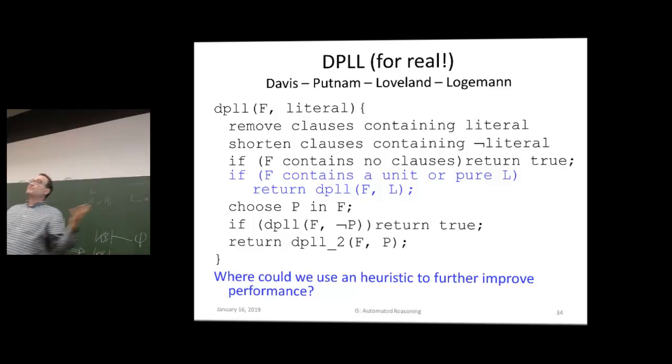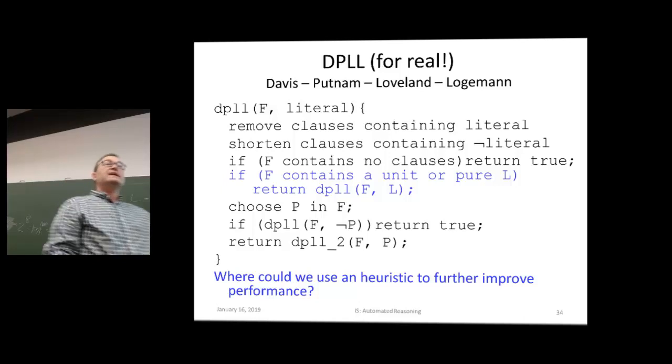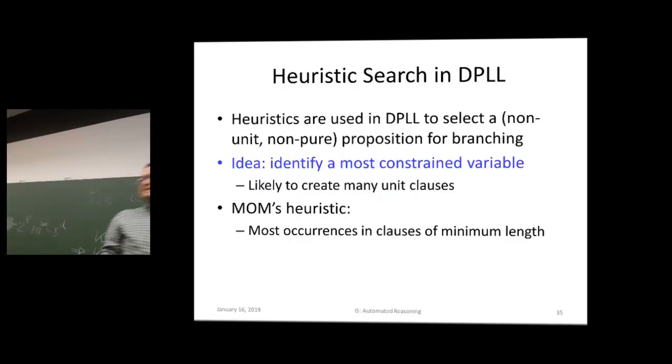But we can even have more of these heuristics in the case that we do not have unit clauses, for example. There are various types of heuristics that have been applied. If you don't have any unit clauses, no pure clauses, then you still have to make a decision which one to apply next.